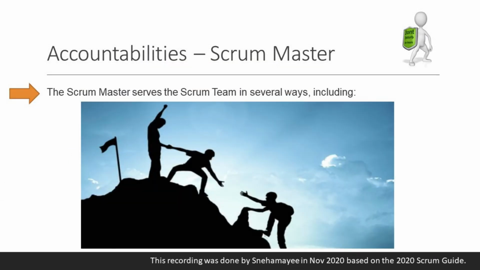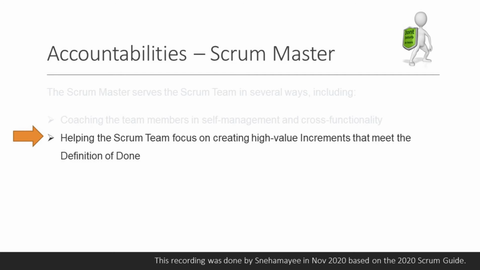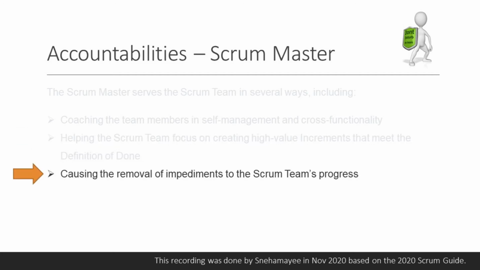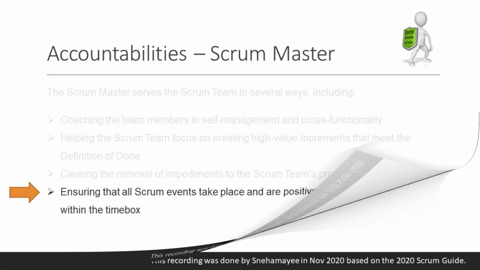The Scrum Master serves the Scrum team in several ways, including coaching the team members in self-management and cross-functionality, helping the Scrum team focus on creating high-value increments that meet the definition of done, causing the removal of impediments to the Scrum team's progress, ensuring that all Scrum events take place and are positive, productive, and kept within the time box.